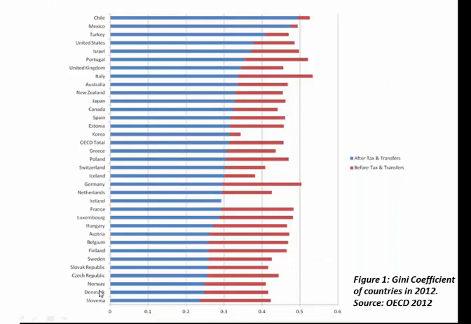So these are the countries that have the lowest Gini coefficient as compared to these countries that have the higher, meaning that these countries are farther away from the line of income equality than these countries down here.